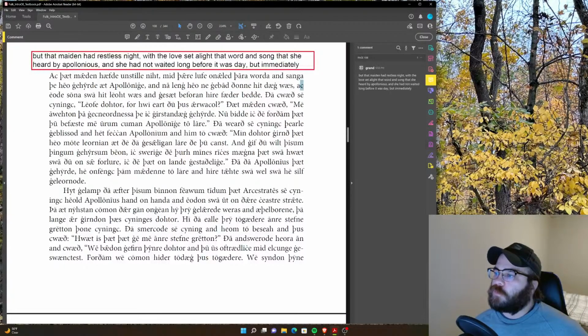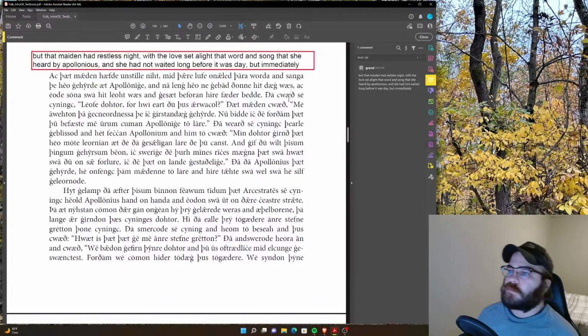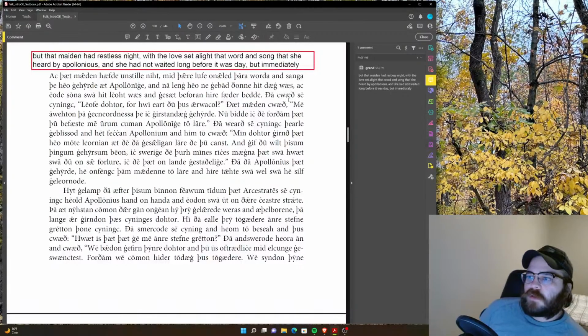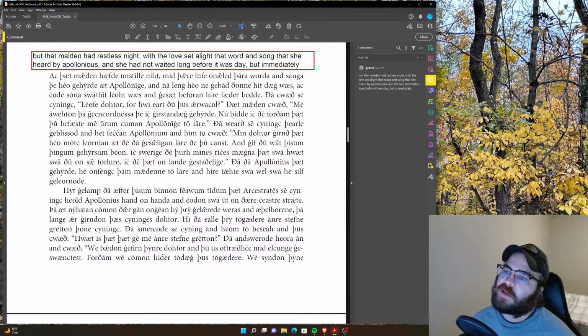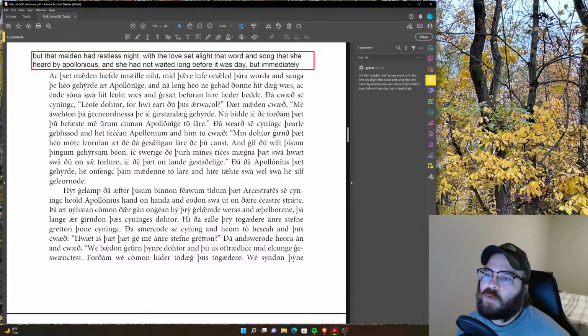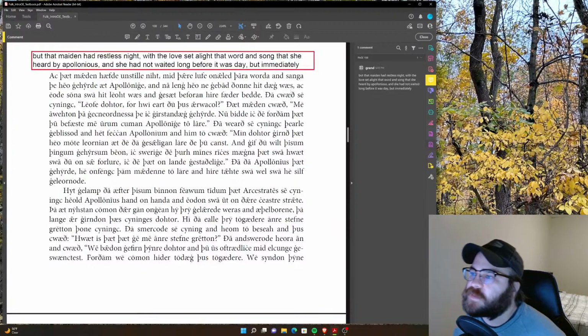So this, we'll go word by word. This right here, but; went; immediately; it; daylight; was and sat; before her father bed. But went immediately, or as soon as it was light, and sat before her father's bed.